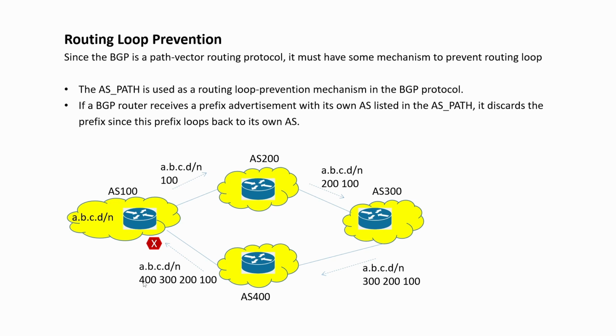The AS path will be 400, 300, 200, and 100. 100 is AS100's own AS, so this path from AS400 must be invalid. AS100 blocks this route. So this is a prevented loop. Okay, let's go to the next concept.